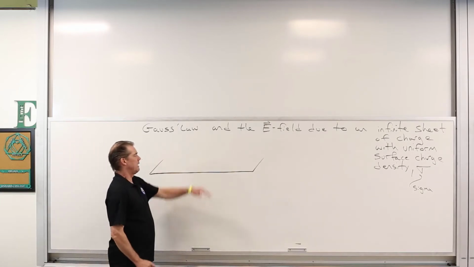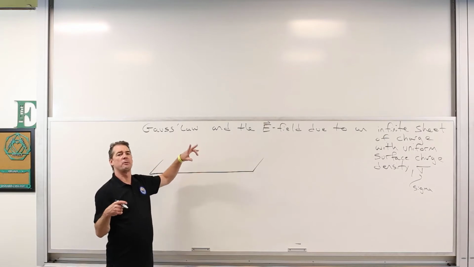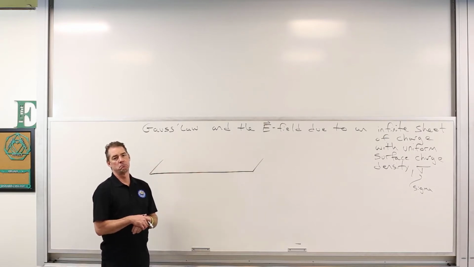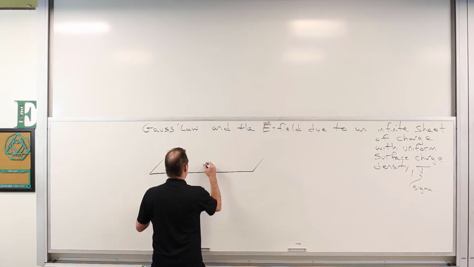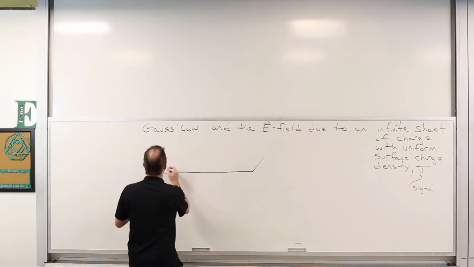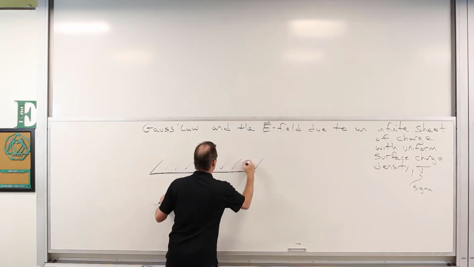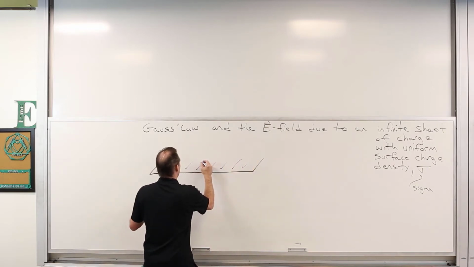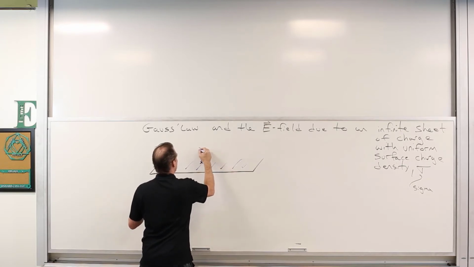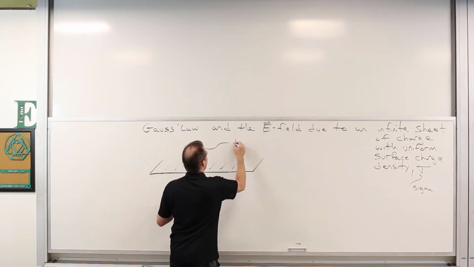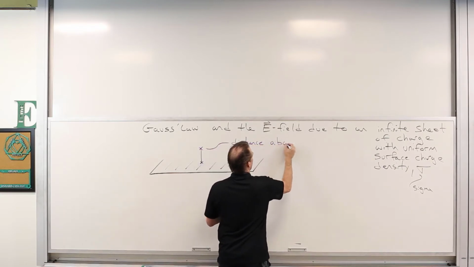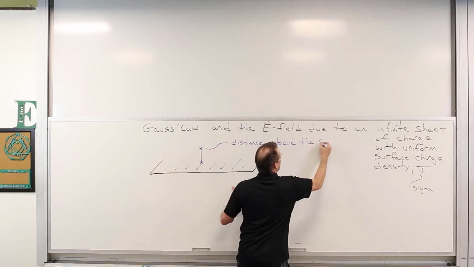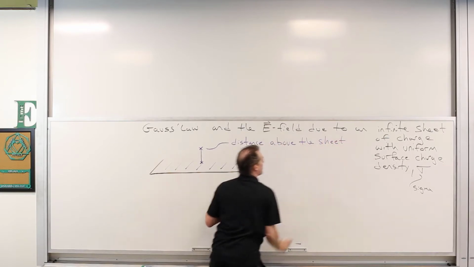Well, for right now, let's say some distance above the sheet. So we're going to say that at some distance above the sheet, just say that this is the sheet here, we'll be a distance above the sheet.